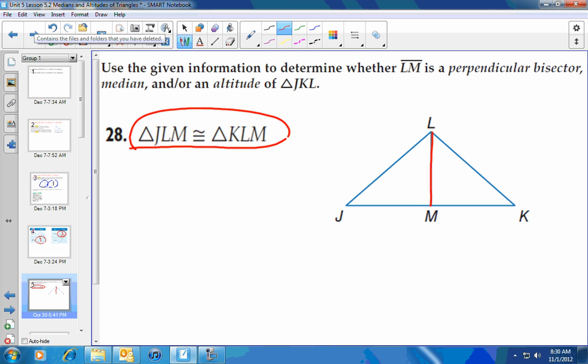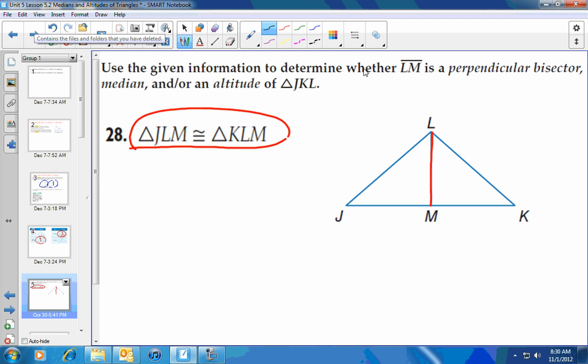The triangle JLM is congruent to triangle KLM. Now, we know that if two triangles are congruent, we get 6 pairs of corresponding parts that are congruent. So let's mark those on here, then we can decide what segment LM is. Let's do angles first.